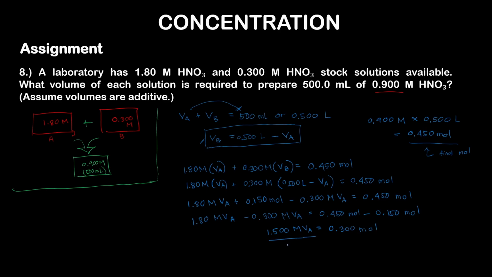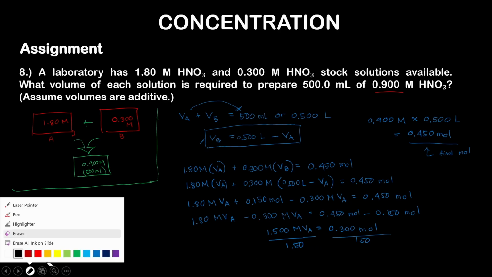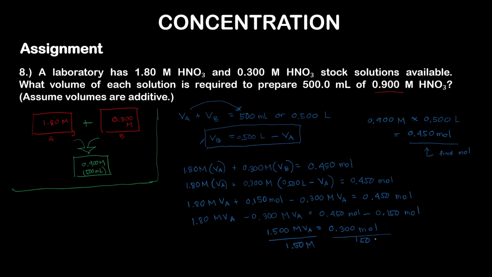So if we divide it by 1.50 molar, and you know that molar is mole per liter, this one cancels, we're left with VA on the other side. 0.300 divided by 1.50 is equal to 0.200 liters.